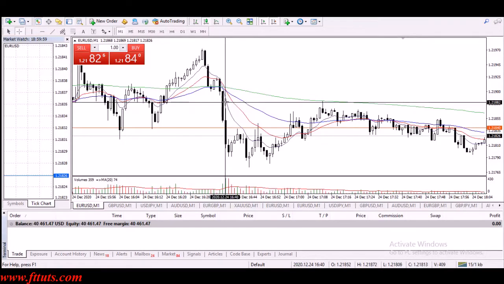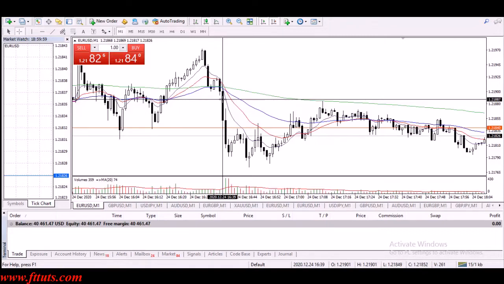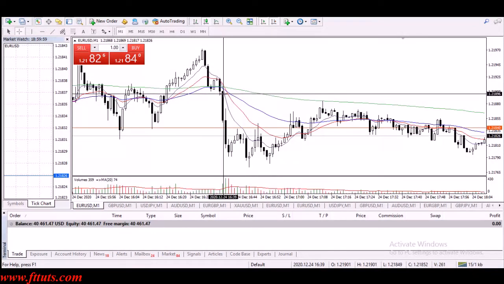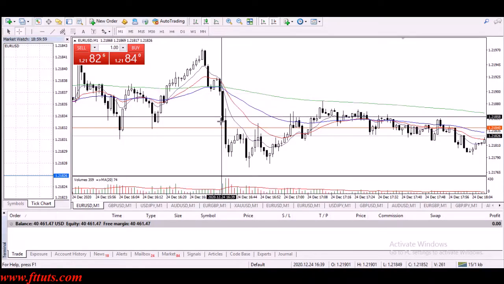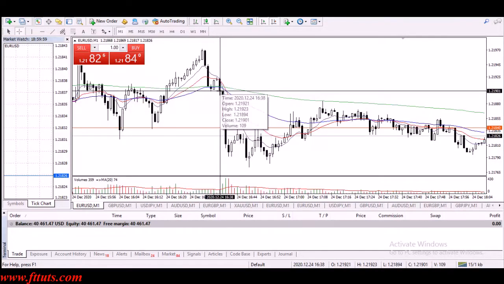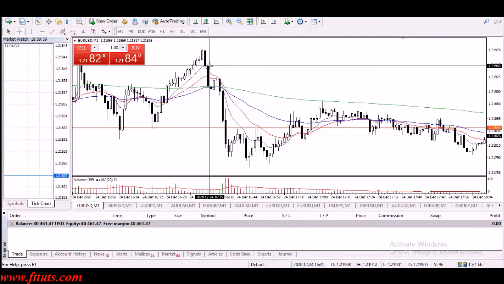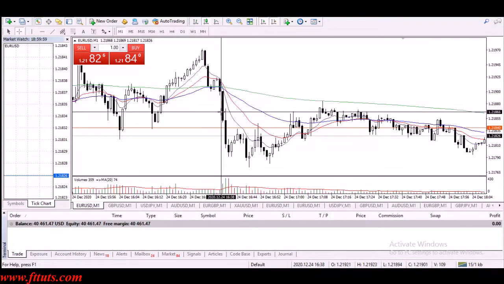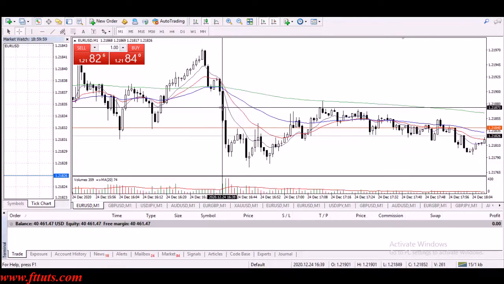Because it was calculated from the closing prices of the last 9 candles. So the first close price was this one, plus this one, plus this one. It's calculated from these. It's not just their sum divided by their number, divided by 9 in our case.